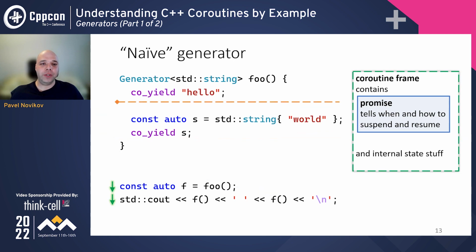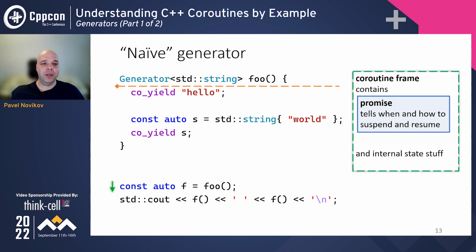Yes, good question. I need to clarify probably that when we call the coroutine, even if we have any arbitrary code immediately starting at the coroutine body, we still will suspend before executing the body.